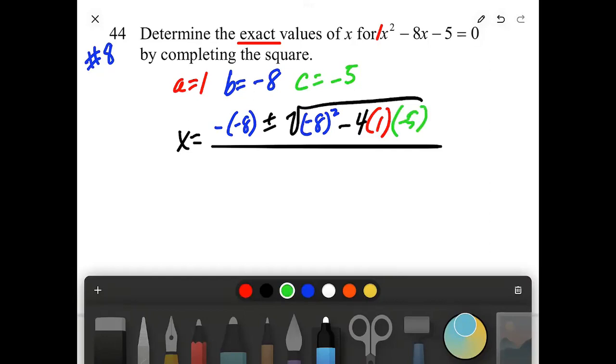And then on the bottom is 2 times 1. Now, all I'm going to do is simplify all of these, calculate everything inside the square root, and leave that. So watch what I do.